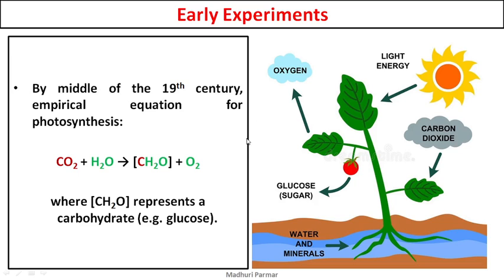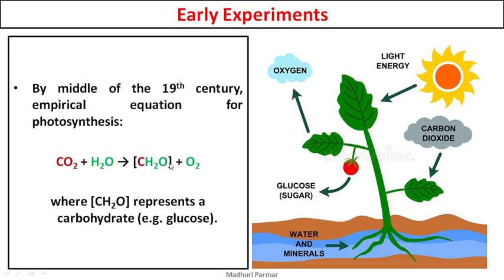So by the middle of the 19th century, the empirical equation for photosynthesis was considered to be this. From all the scientists and all their conclusions, we come to this formula: there is carbon dioxide which is required, so CO2. There is water which is required, of course, so H2O.